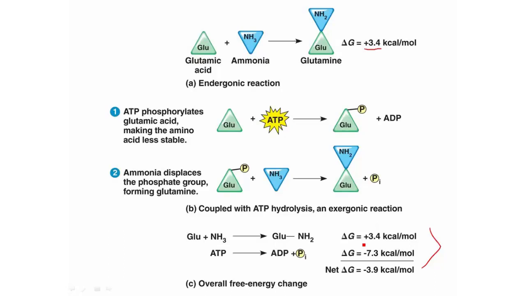So 7.3 is obviously greater than 3.4. So if we add those numbers together, and we come up with an overall number that happens to be negative, that means that these two reactions, if we run them side by side, will both take place. So we're going to use ATP hydrolysis to provide the energy to run the first reaction.